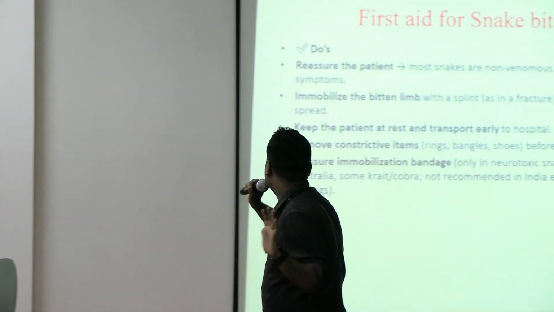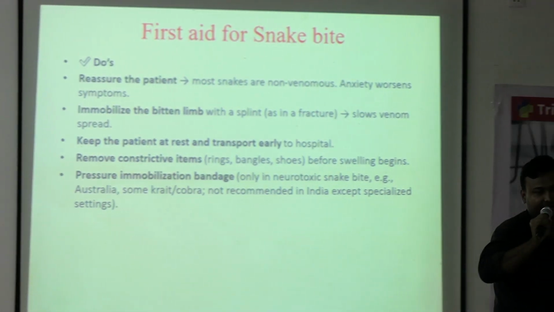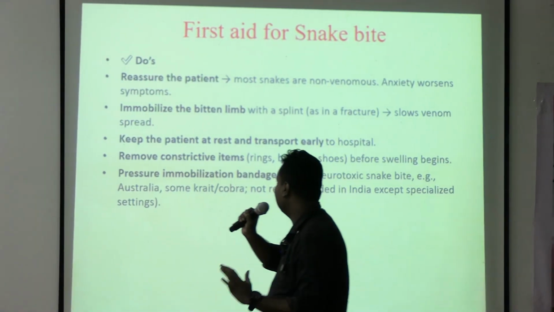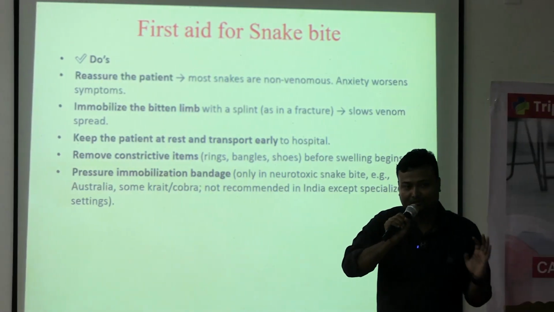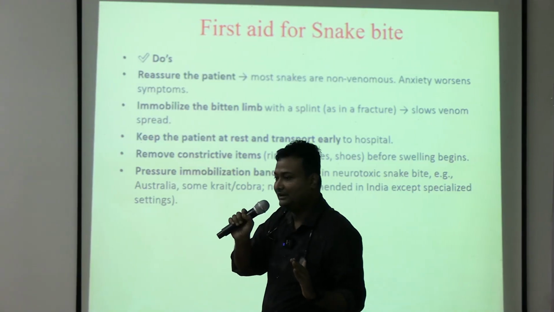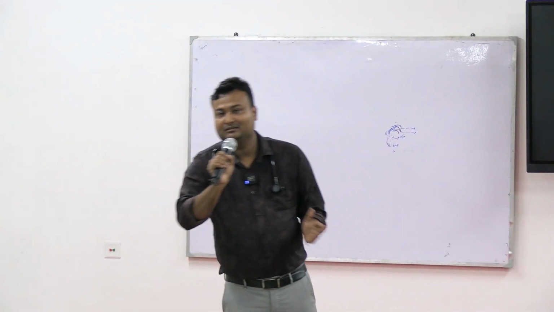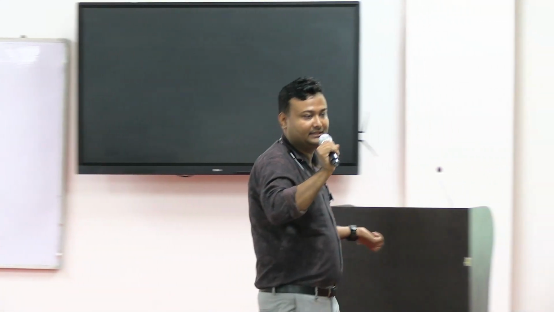Okay, so what is the first aid for a snake bite patient? There are do's and don'ts. First we'll go through what we will be doing. First thing is to reassure the patient, because 95% of snakes are non-poisonous. You have to ensure that this is non-poisonous. Otherwise, patients are mostly very anxious, even after a bite.